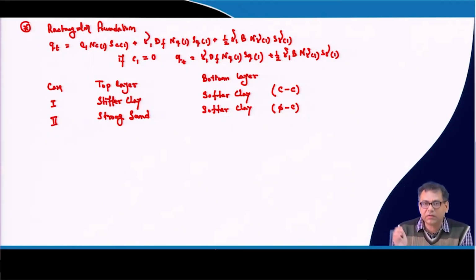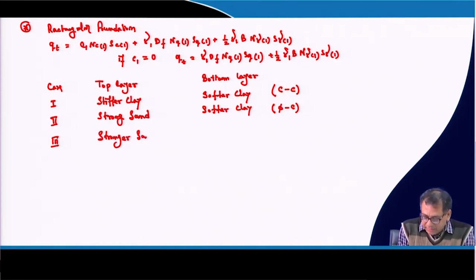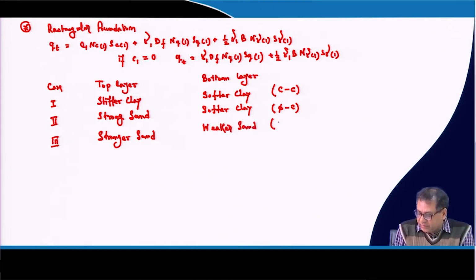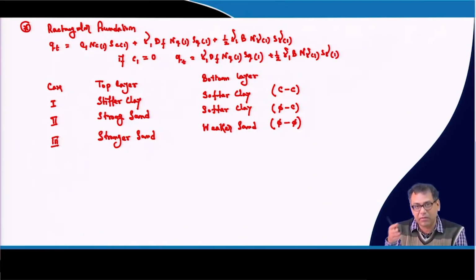In the first case both the soils are cohesive soil, and in the third case I can write the stronger sand and weaker sand. That means both are cohesionless soil. So, these two I have already derived, because I have considered this derivation, gamma 1 minus gamma 1 h, which is the form applicable if it is a strip footing resting on clay soil.